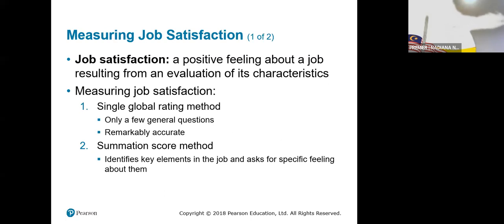For example, student satisfaction in education, at Universitas Negeri Yogyakarta: how satisfied you are with your faculty, with your university, with your lecturer, can be measured. This is talking about feeling.